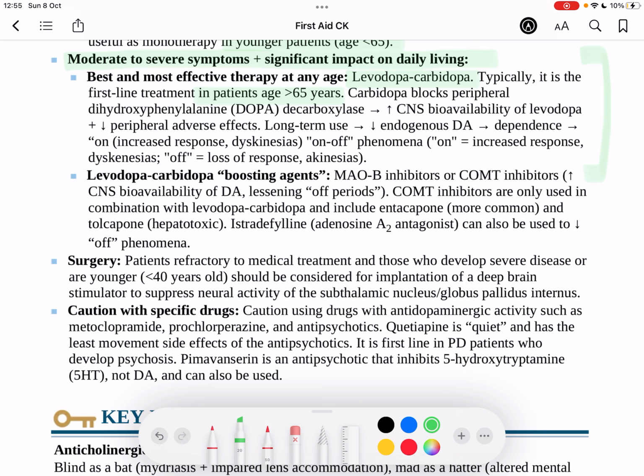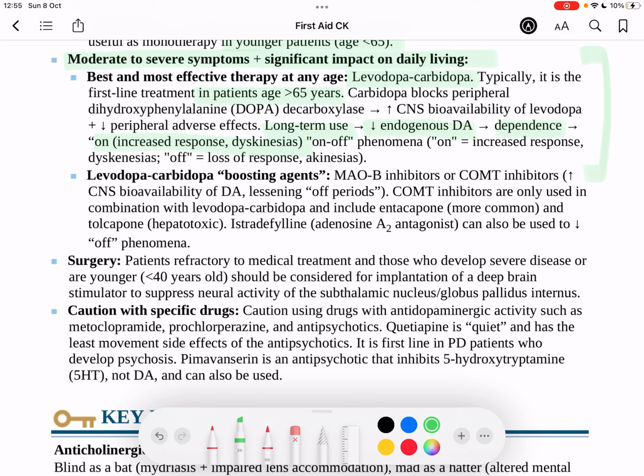One thing that we do have to take into consideration is the on-off phenomena. So when somebody's had long-term use of dopa, this decreases the natural endogenous dopamine. So patients become dependent on L-dopa. So we have an on period, which is where the patient has really good movement, but they even have a bit of dyskinesia, so some involuntary movement.